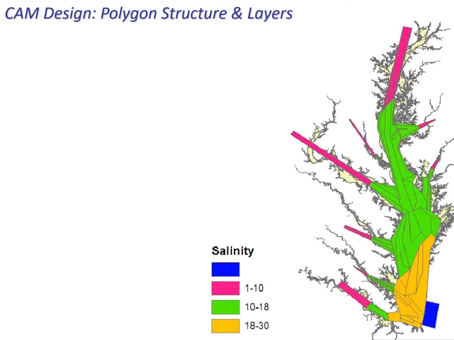The other major habitat concern in the Chesapeake is water column habitat and water quality, specifically nutrient and sediment coming down through the watershed through all these major tributaries.